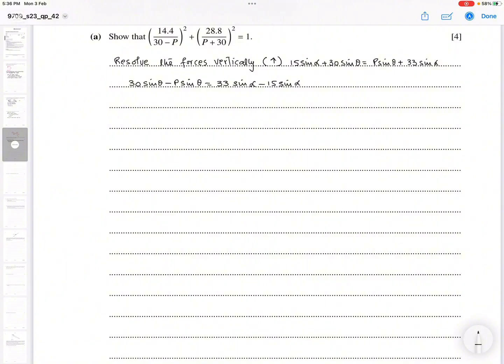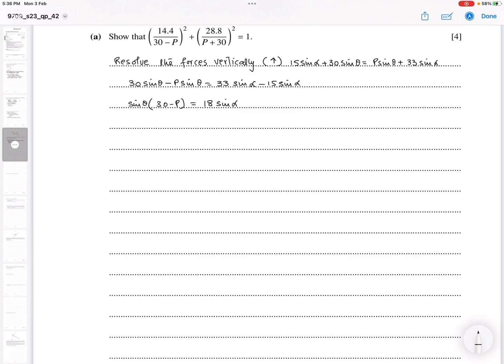From this part, if I take sine theta as common, I can write 30 minus P in the bracket, and this is equal to, we can solve 33 sine alpha minus 15 sine alpha, so it becomes 18 sine alpha.